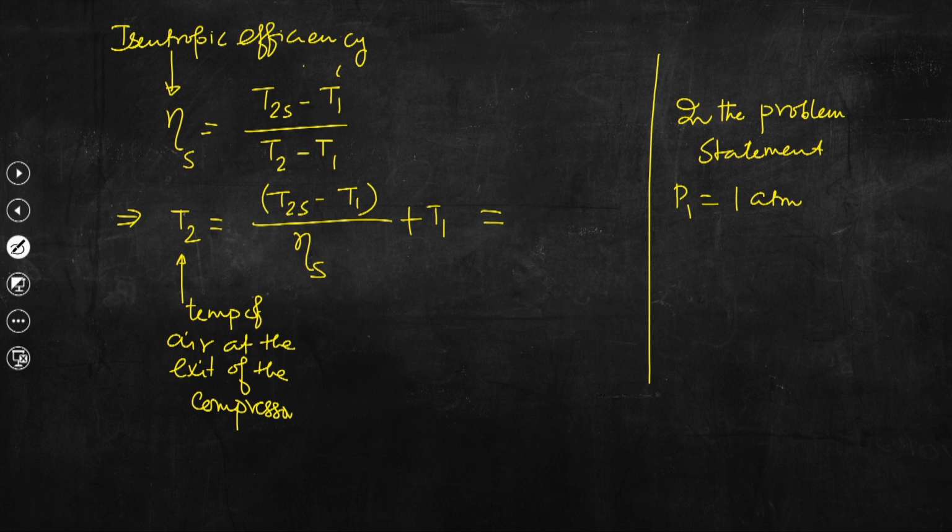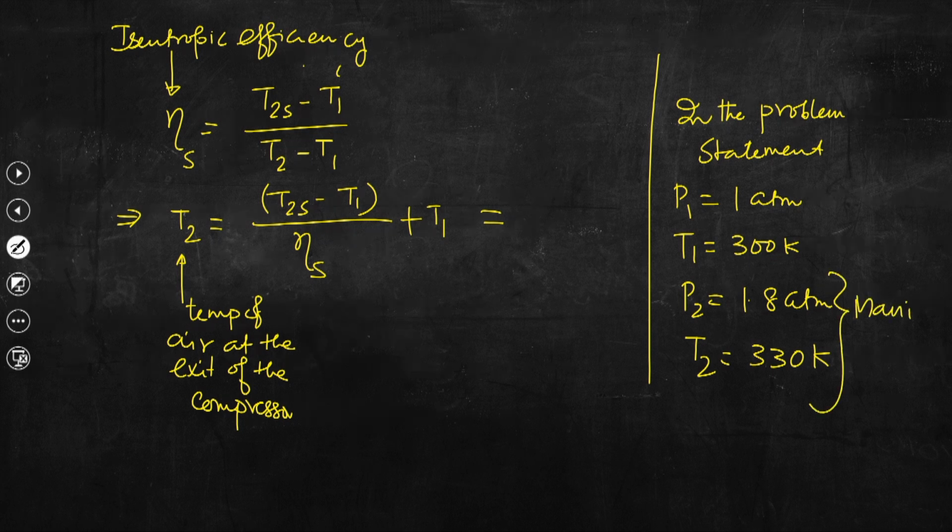So, these are ambient conditions, T1 equal to 300 Kelvin, P2 equal to 1.8 atmospheric pressure, that is manifold pressure, and T2 equal to 330 Kelvin. Okay. So, these are given. So, these are the manifold conditions, and these are the ambient conditions.